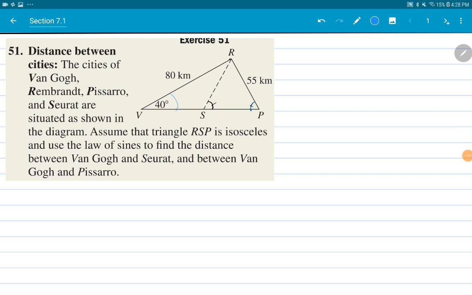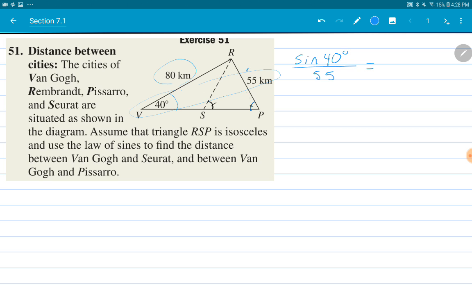So I'm going to use the law of sines, and the first angle-side pair I have is this corner V, and let's call it side little v. So we have sine of 40 degrees is to 55. We don't have another pair, but the other thing we have is the 80.